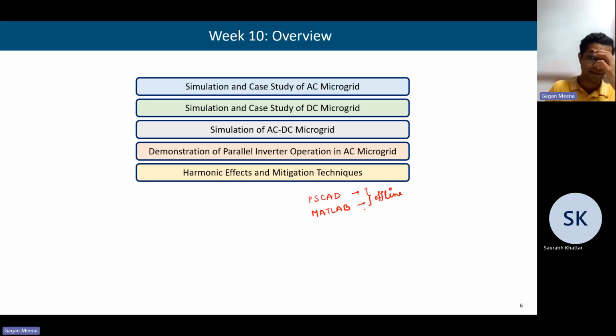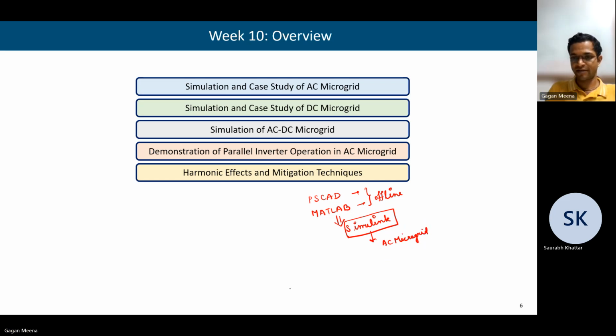Once we develop a model in Simulink, which is the simulation platform in MATLAB, let's say we are talking here about AC microgrid, we develop an AC microgrid model inside Simulink, and then we run it. It will take some time.